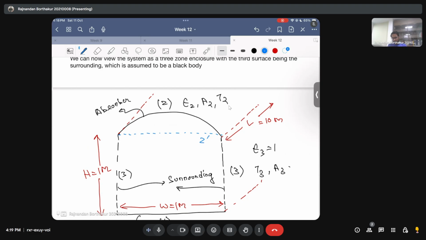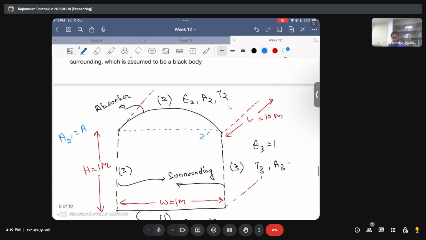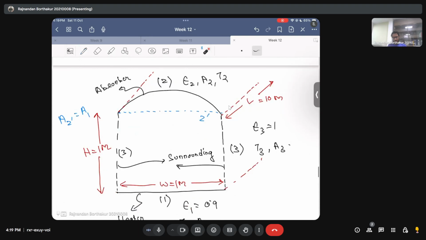But at least we know that the area of 2 prime is going to be the area of the heater itself, which is just A1, because of symmetry, right? Because we are just drawing this surface and this is the heater precisely.